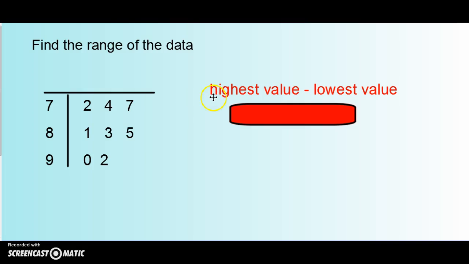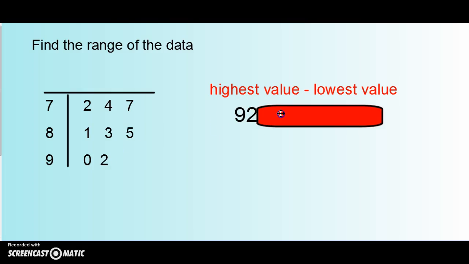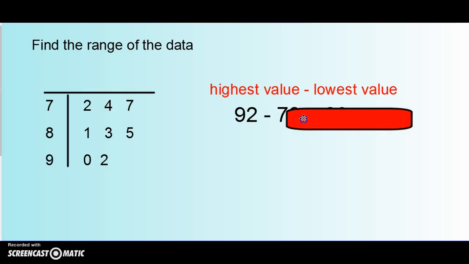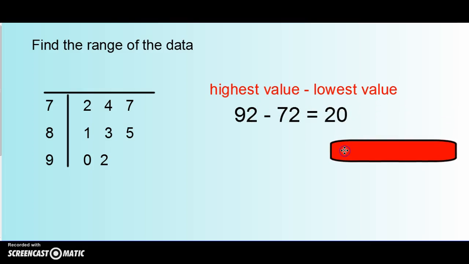Here you would take the highest value and say that 92 is the highest, and then 72 is the lowest. And so your difference is a range of 20.